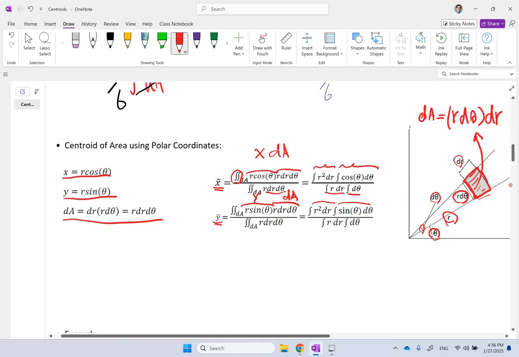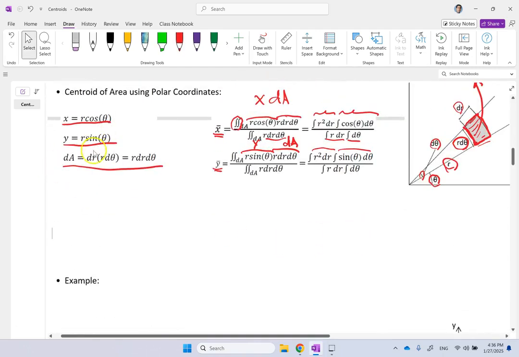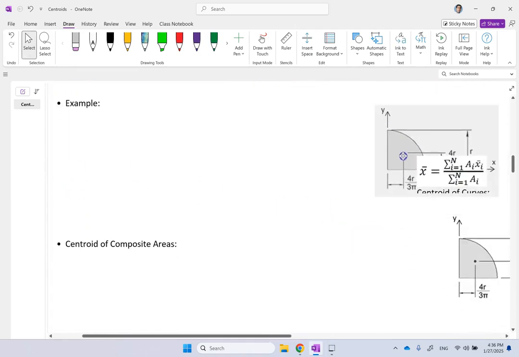So doing some of these shapes in the r theta coordinates could be easier, and you might say, really? Show me. So here we go. We are going to look at the quarter circle. So if I have a shape like a quarter circle, where is the centroid of it?